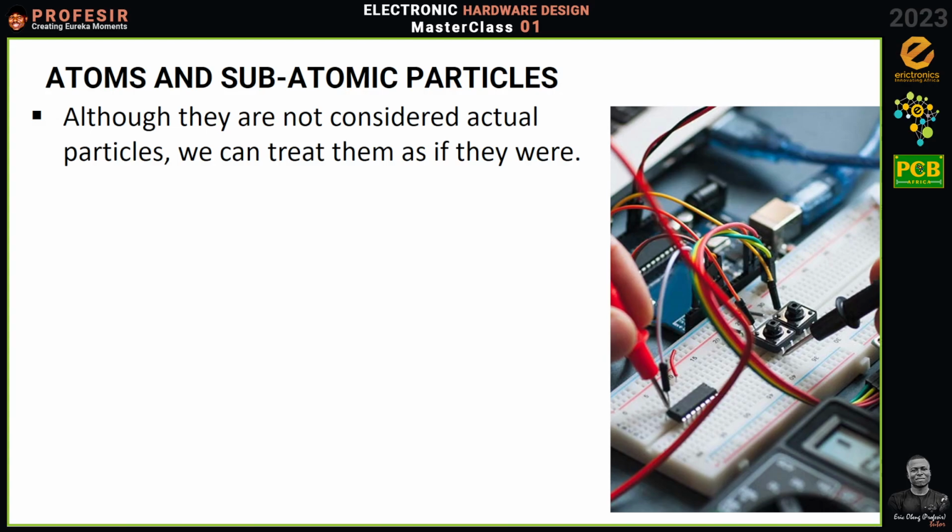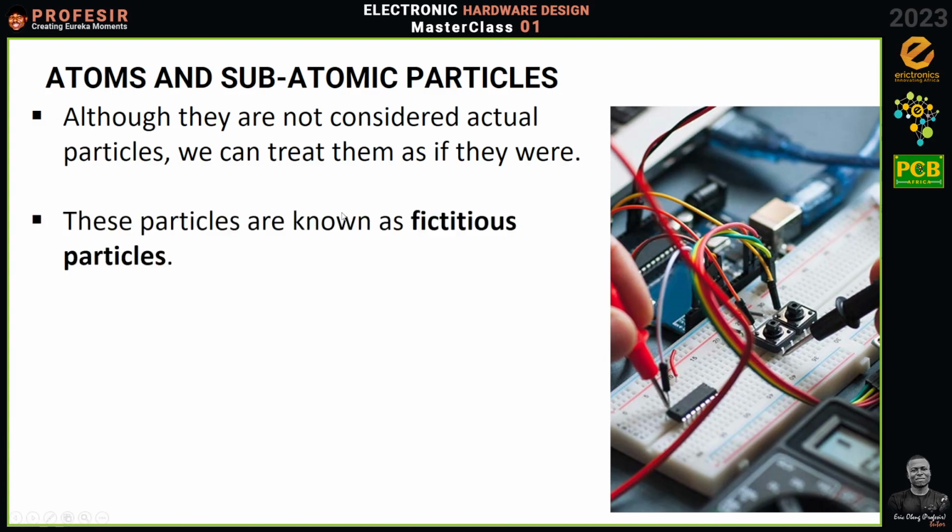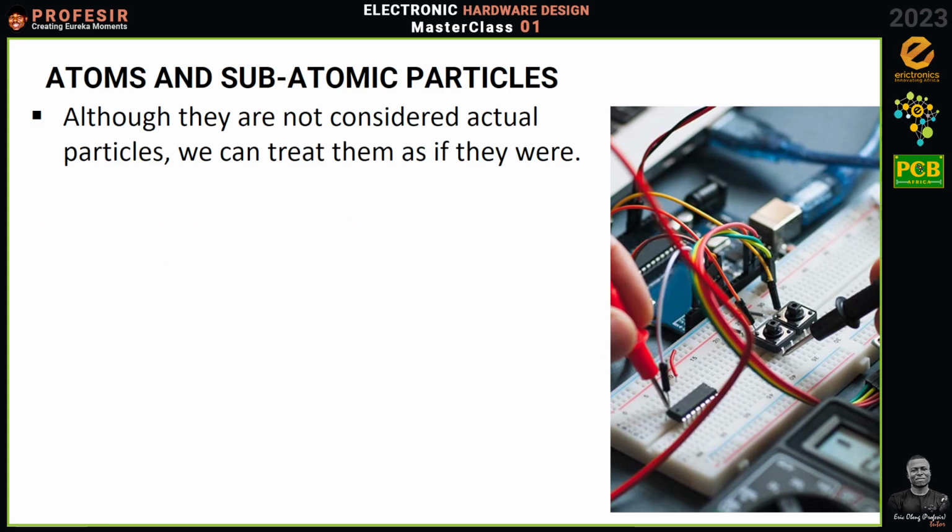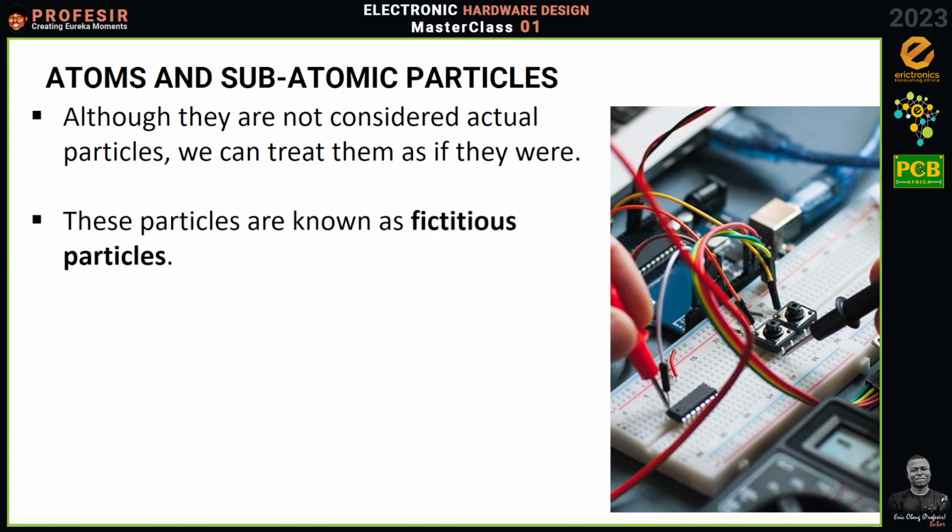Now, if the positive charges are merely the absence of electrons, then why are we treating them as particles? Well, we can actually treat them as particles, and I like to call them fictitious particles, particles that are created out of fiction.